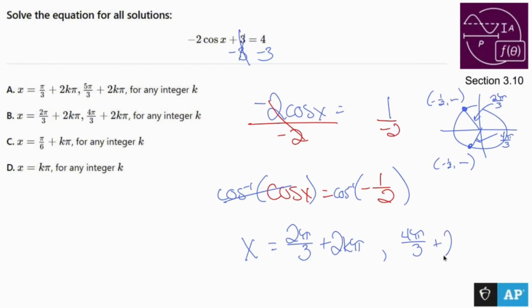And we'll do it again over here, 2k pi, for any integer k. And so 2 pi over 3, 4 pi over 3, plus 2k pi, looks like B, that's my answer.